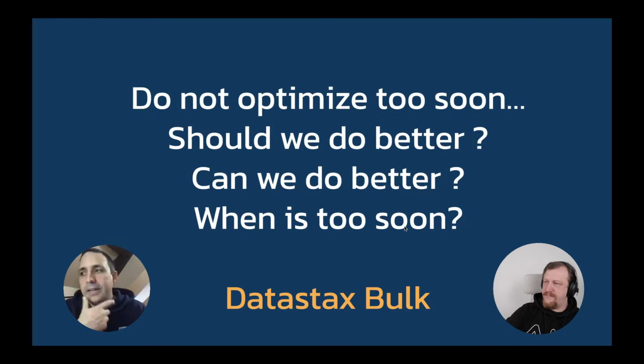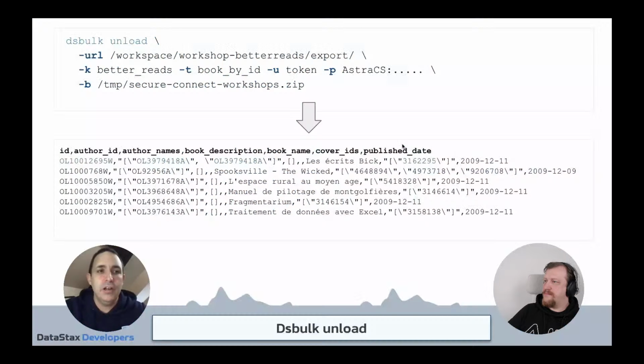So what should the CSV look like? What you can do is use dsBulk to unload the few rows that you were able to import with the first approach. You may have 10, 15 books. So you will ask dsBulk to unload, and you will see what the CSV looks like. So you have an ID of the book, ID of the authors, then author names.